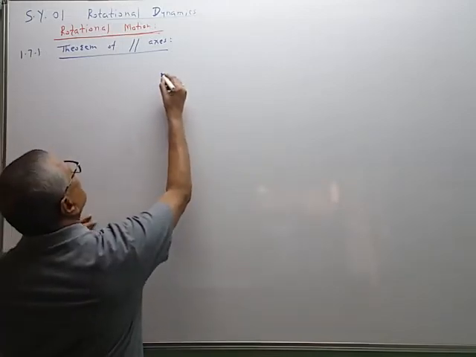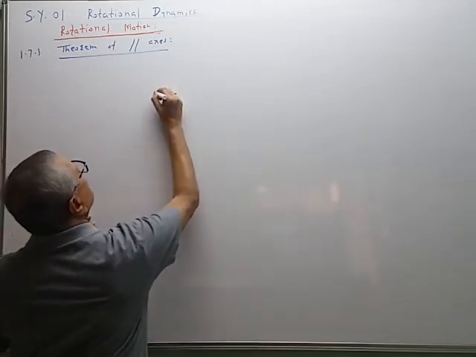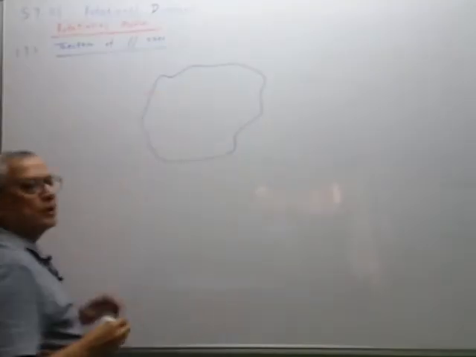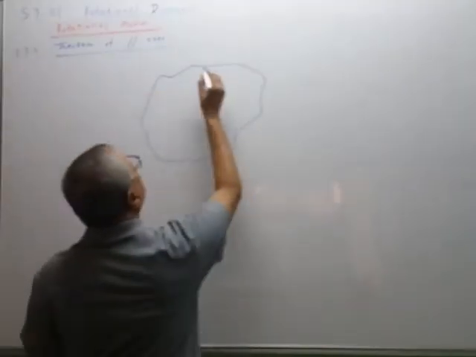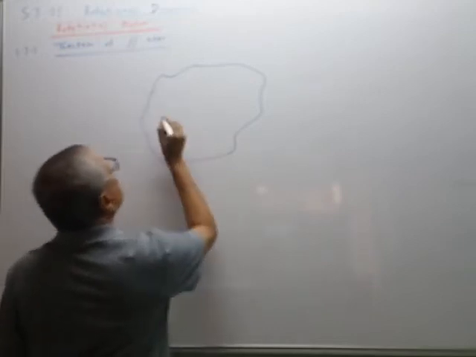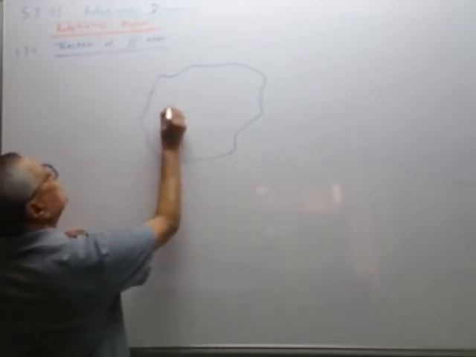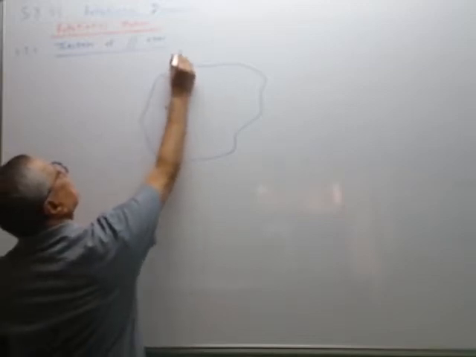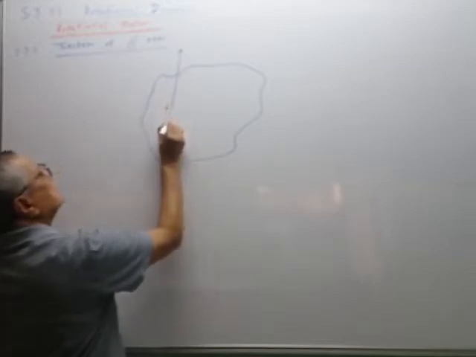like this. Suppose this is a rigid body of any shape. Say this is the point O through which this axis is passing.